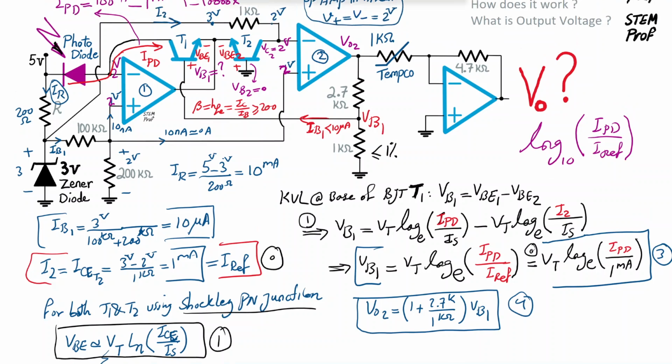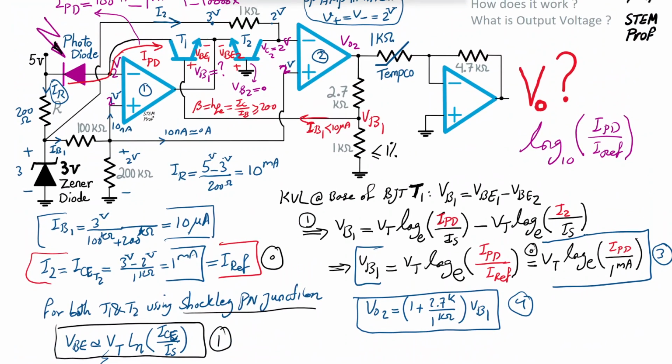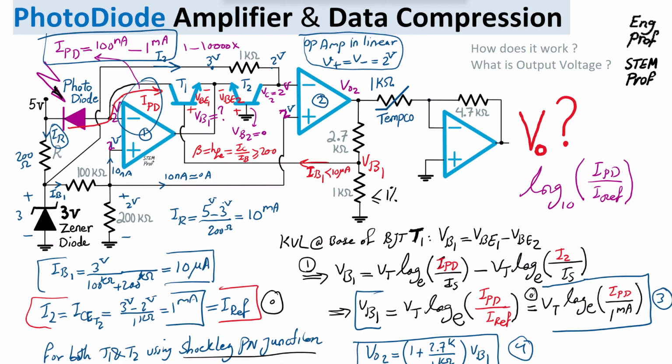The last one is moving on, and of course we need to be careful about one thing that I forgot to mention. Given that the current IPD is between 10 nanoamp and 1 milliamp, as I am showing on top, I'm going to write it here.